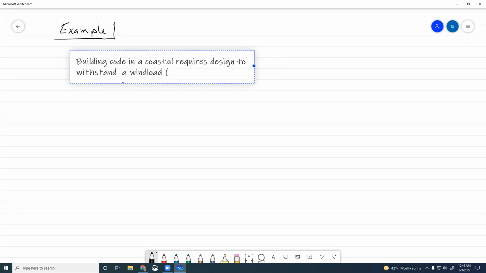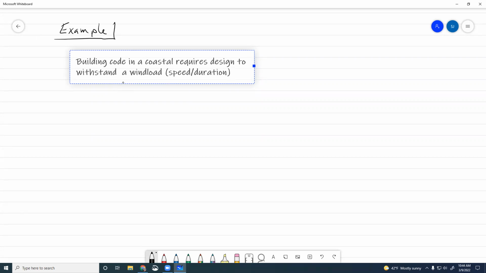What would a wind load be? What kind of aspects of winds would we be interested in for wind load? Say we're just measuring wind, like speed. Yeah, so speed, duration. You could think of a gust that lasts for 10 minutes versus hurricane force winds for hours and hours, right?